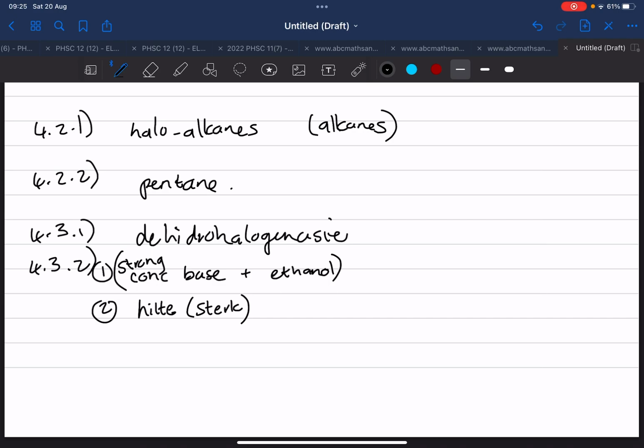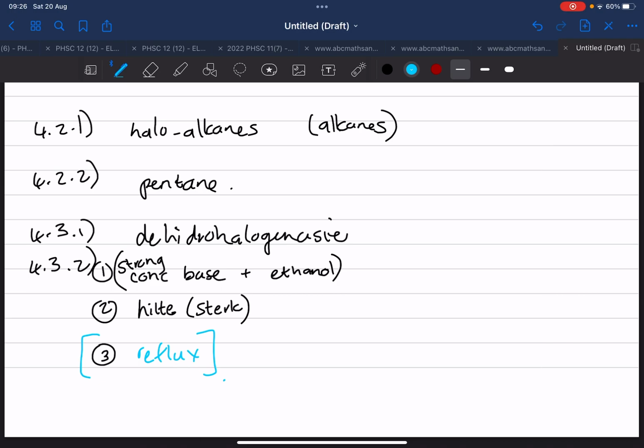En dan die laaste ene wat ek vir julle reg gemerk het, maar wat eintlik half verkeerd is, 'n reflux apparatus. Hoekom is dit half verkeerd? Hulle het nie gevra watter apparaat is nodig nie. They didn't ask the apparatus that is necessary. They just asked what condition.